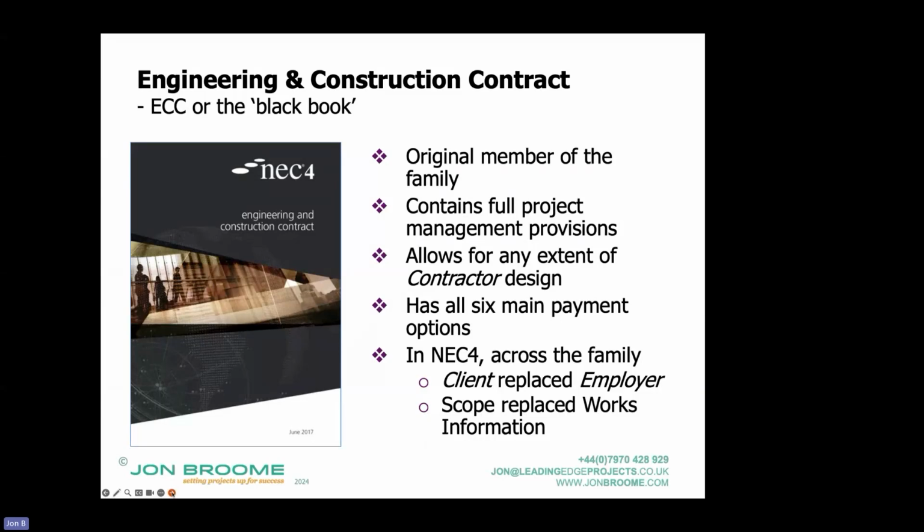The other thing to be aware of is that you don't have works information in the Engineering and Construction Contract anymore, or service information in the Term Services Contract. It's scope across the family again. So the information which specifies and describes what the contractor or the supplier has to do and any constraints on how they provide it is now the scope. Okay.